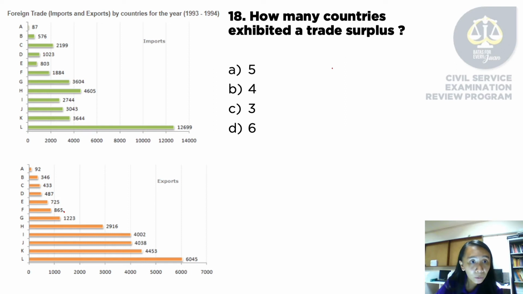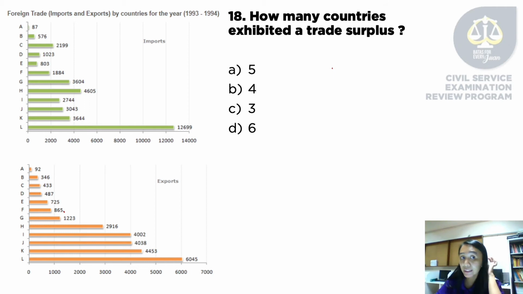3604 and then 1223, for country G, I have a trade deficit. 4605 and 2,916, I have a trade deficit. 4,002 for my exports, and for my imports I have 2,744.